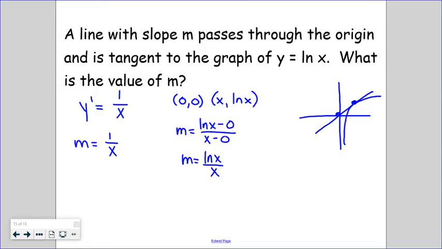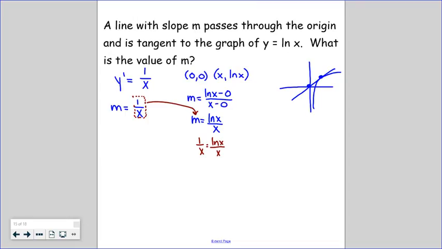And I could do something like substitution, where I take what m equals, 1 over x, and plug it in for m in the other equation. So I can plug in 1 over x in for m here and get 1 over x equals the natural log of x over x. True? Okay, well, if 1 over x equals the natural log of x over x, then 1 equals the natural log of x, right?